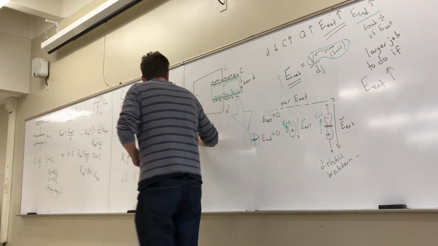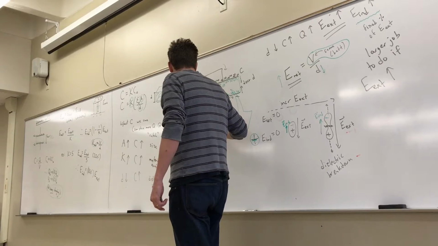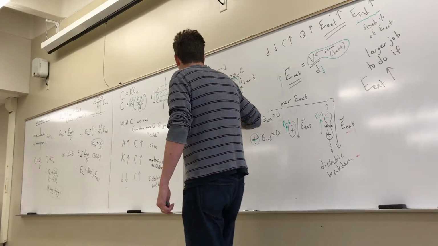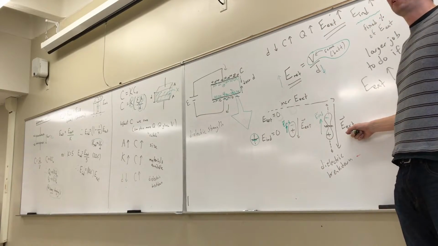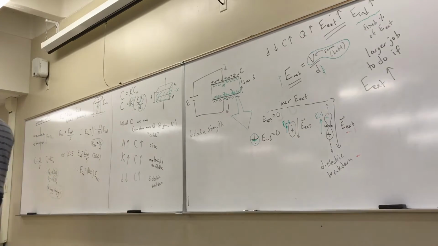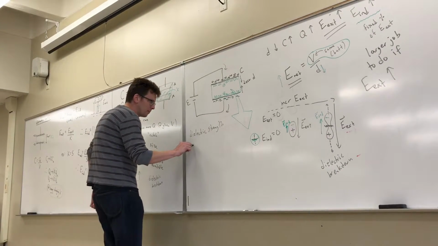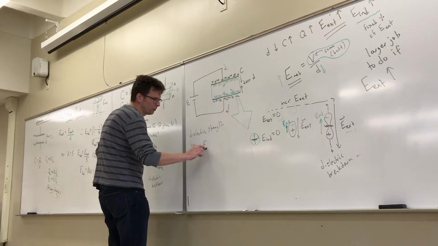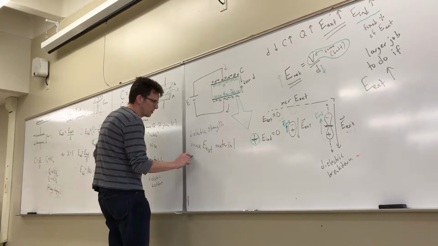So we have something called dielectric strength. The dielectric strength is simply a number which is the upper limit of the external electric field that it can withstand before the thing snaps apart. Okay? So dielectric strength is simply the maximum E external that the material can withstand.